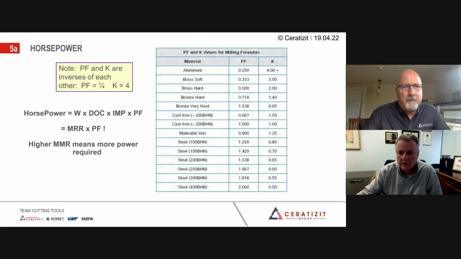So something soft like aluminum might be a power factor of 0.3. Something much harder like Inconel or titanium might be something like 5.4. You know, I'm just making these up. But comparatively speaking, the power factor is multiplied, and it gives you your estimated horsepower requirement. So if you're running at higher metal removal rates, you're going to need more horsepower at the spindle to run that cutter.